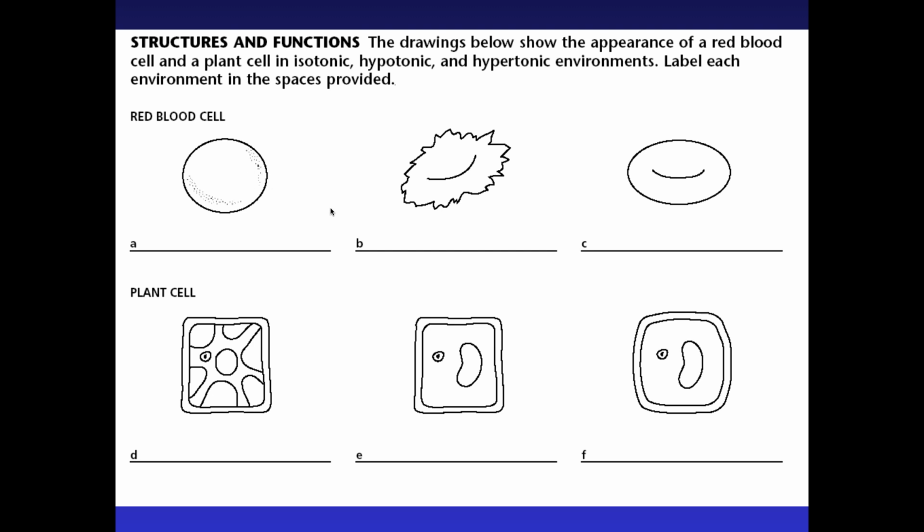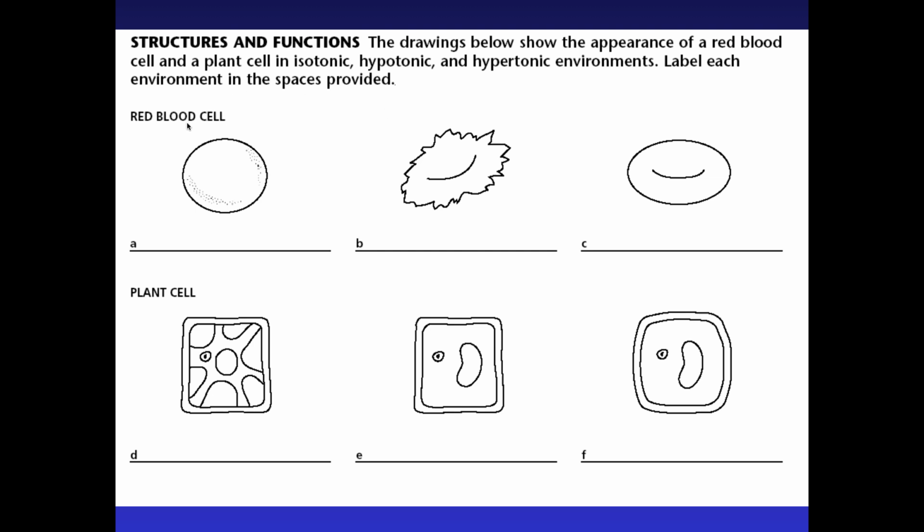These are red blood cells, and if you think about it, which one is the normal red blood cell? Well, the normal red blood cell is the one with the dented center in it. Okay, this one has this little line here trying to show you the dented center. So this is a normal-looking red blood cell, which means it's not bigger, it's not smaller, so it must be in the isotonic, or same, solution. This one's isotonic.